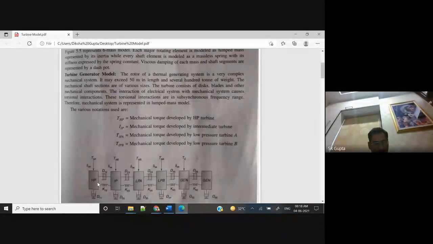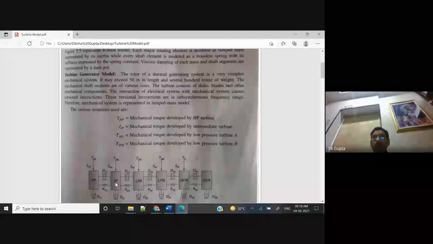It is considered massless, so it is represented by a spring constant K and a damping. The role of damping is to damp out the oscillations between the two. In this way the whole mechanical system is represented.